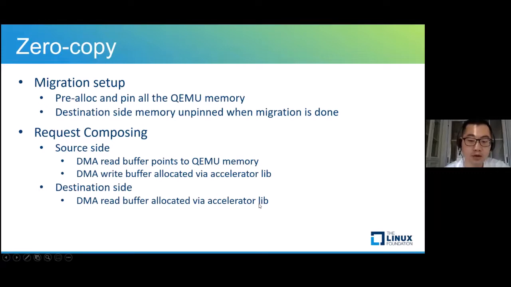So there is a piece of buffer, and the DMA write buffer points to the QEMU memory. The device reads the compressed data from this library buffer and then does decompression. Once decompression is done, the device does DMA write to the QEMU memory directly. So this achieves the zero copy.